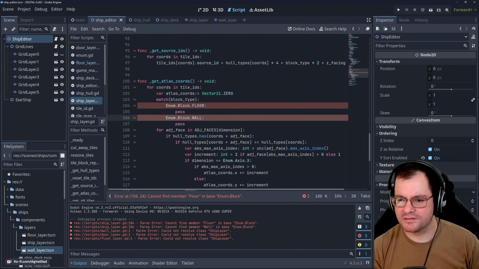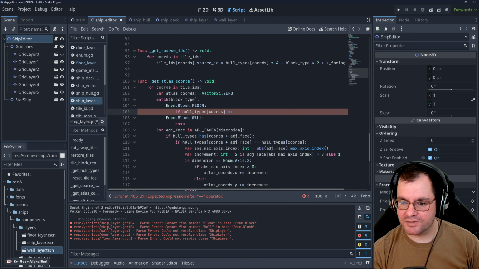Oh no, that should be fine. So for a floor, let's say something like if tile blocks coords is a wall.